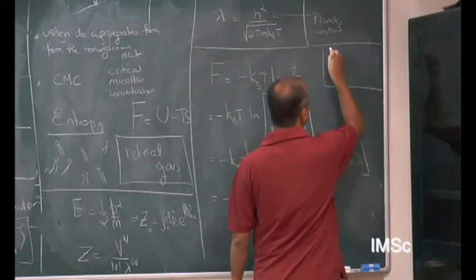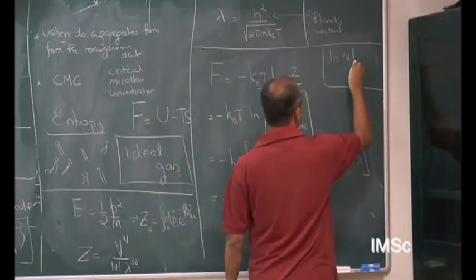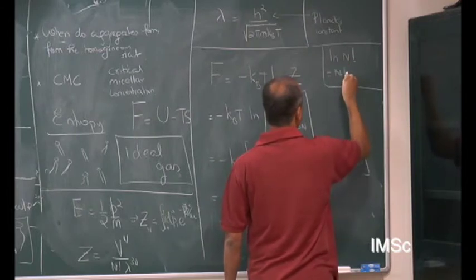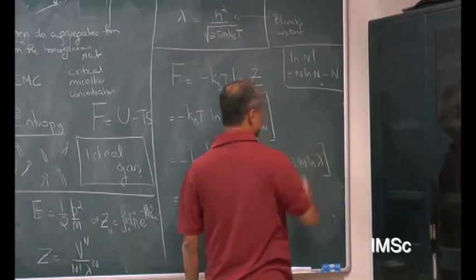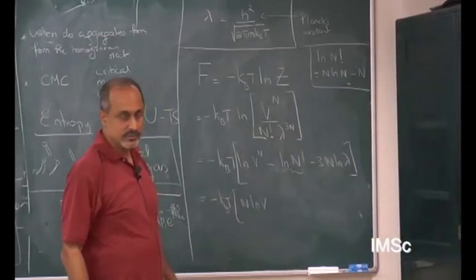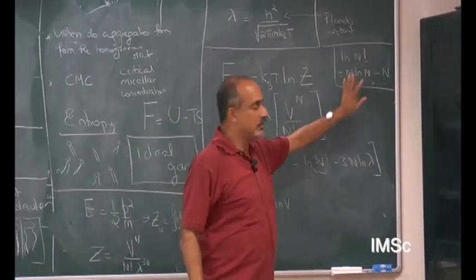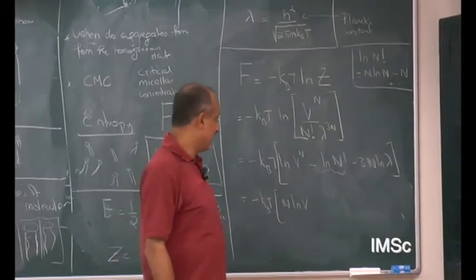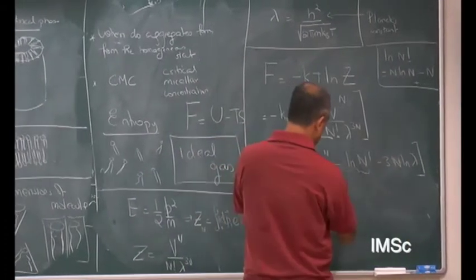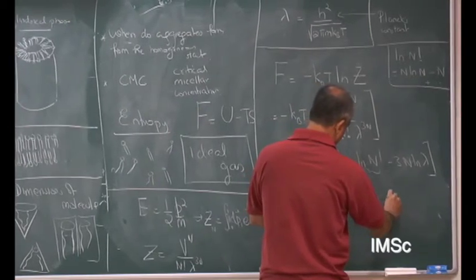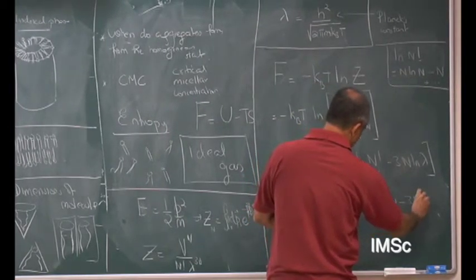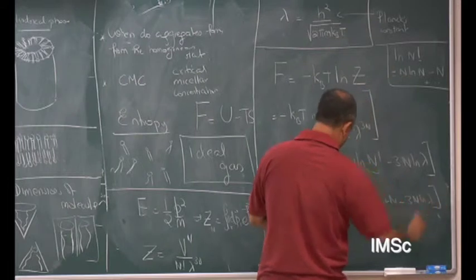That just says the log of N factorial is N log N minus N plus higher order terms. So if N is large enough, I just need to worry about keeping these two terms. If I do that, I get N log V minus N log N plus N minus 3N log of lambda.